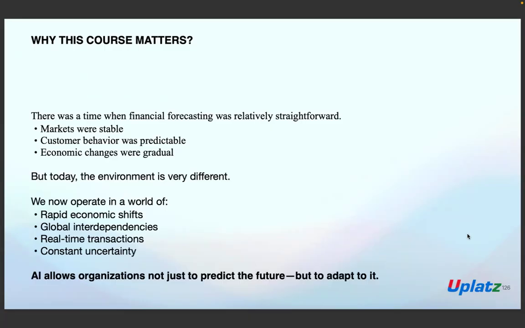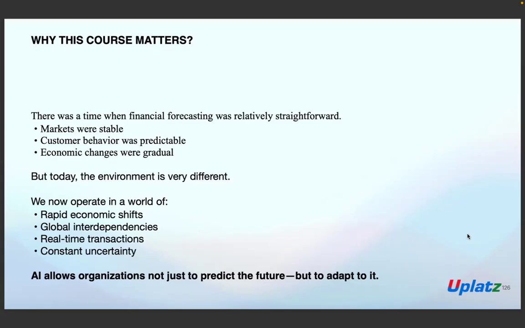Why does this course actually matter? Let's begin with a simple observation. The world of finance has changed dramatically. There was a time when financial forecasting was relatively straightforward.